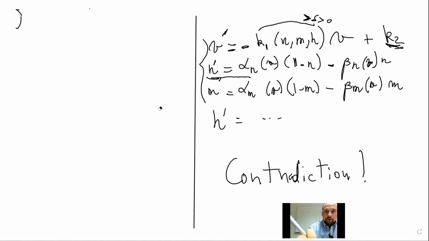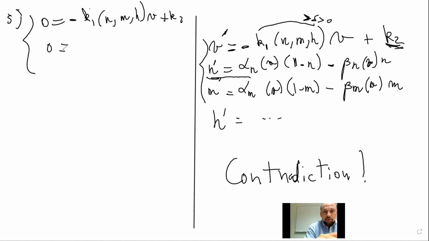The stationary points satisfy 0 equals minus K1 and M H P plus K2, and 0 equals alpha N of V times 1 minus N minus beta N of V times N. The same for M and the same for H.